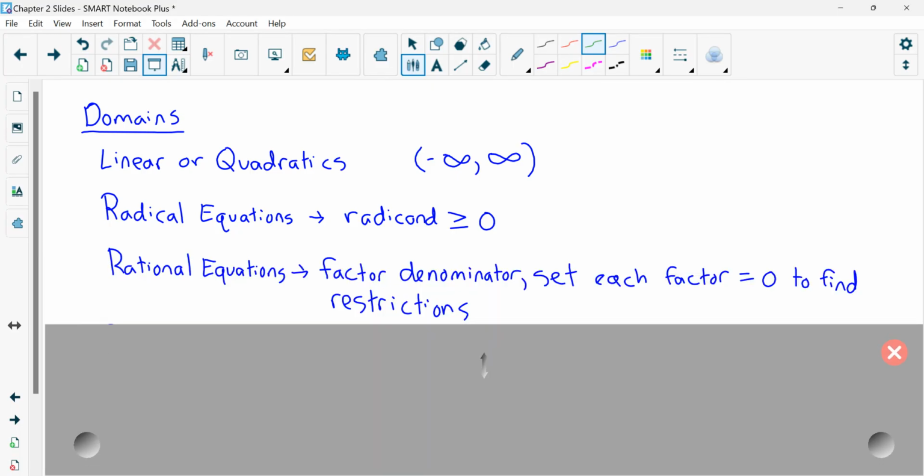If we have rational expressions, those are the fraction equations, so we have to factor the denominator, set each factor equal to 0, and then find what it cannot equal. So with that example we just saw, we factored and saw that x can't be 7 or negative 7, and then we wrote our interval from there.